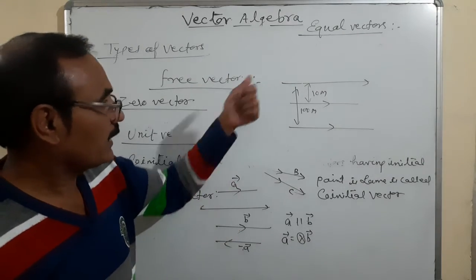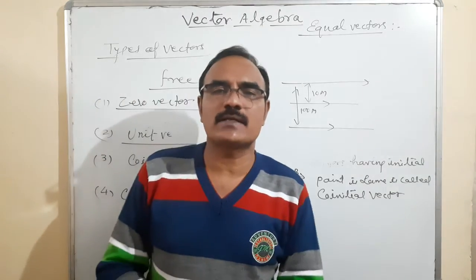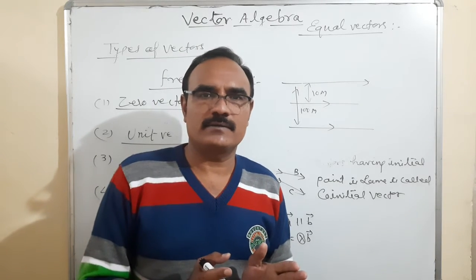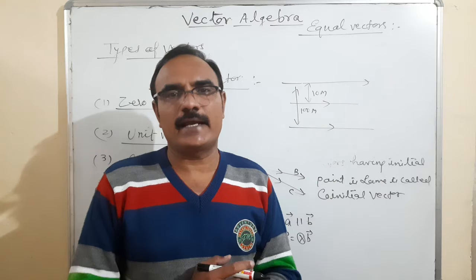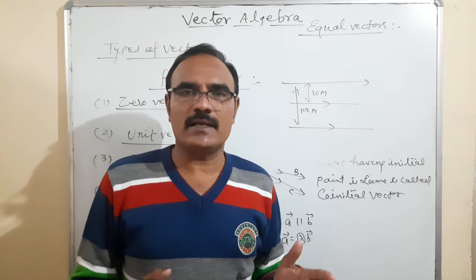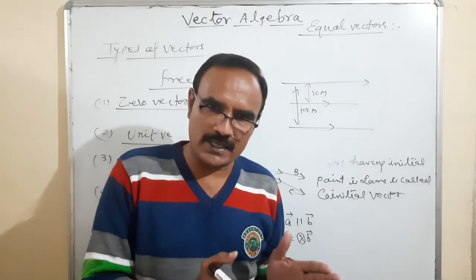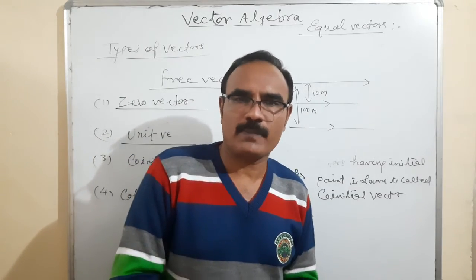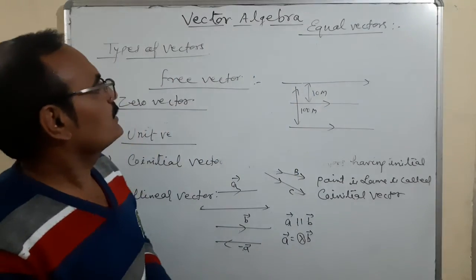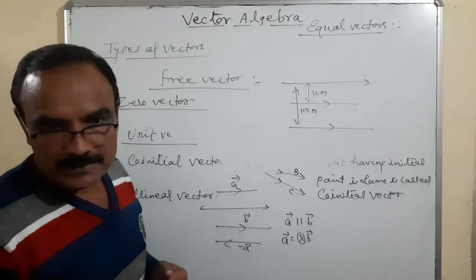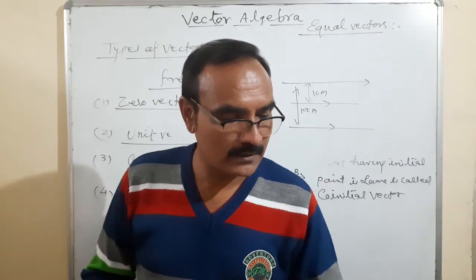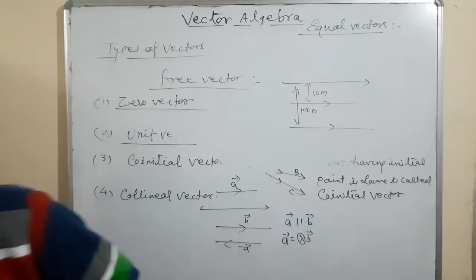After that come equal vectors. Two or more vectors are equal if they are equal in magnitude and the same in direction. Then the negation of a vector, the negative vector. Two vectors are called negative vectors if their magnitude is the same but their directions are just opposite. So these are the types of vectors. Now we can start exercise 10.1.